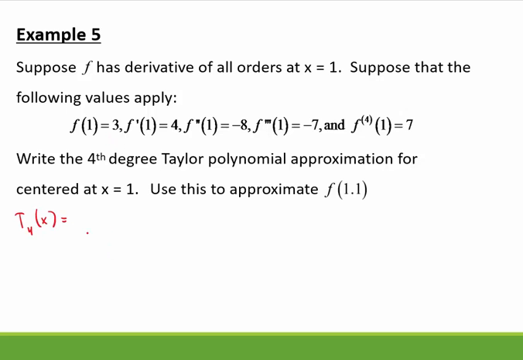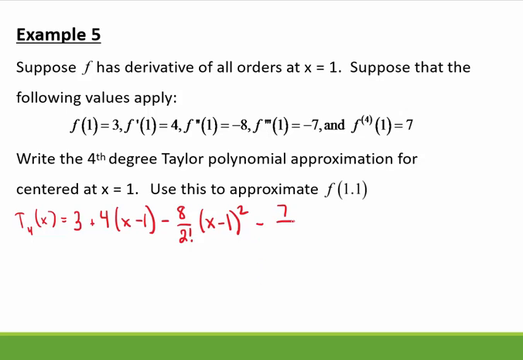I start with my first one, 3, plus 4 over 1 times (x minus 1). Don't forget about this x minus 1. That is a very common mistake that, not gonna lie, I keep making. Minus 8 over 2 factorial, because I'm looking at my second power now.